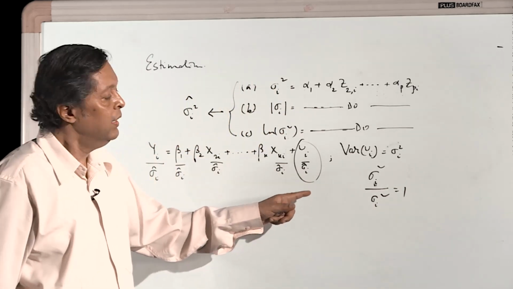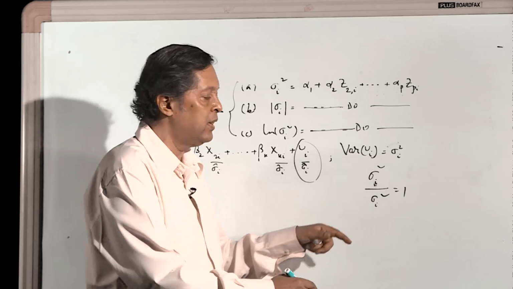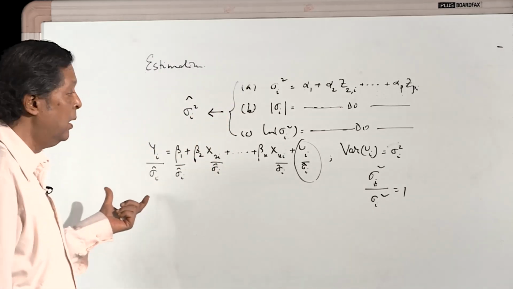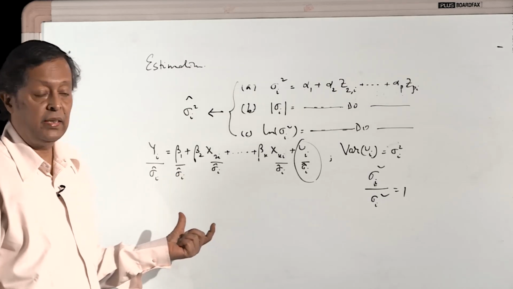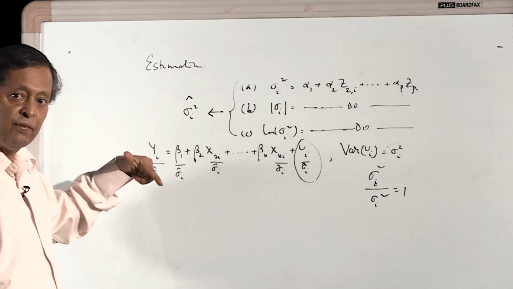This is sigma hat i, but it is very close to 1. So, what we get is a model which is no longer exhibiting heteroskedasticity; rather this becomes the transformed model.